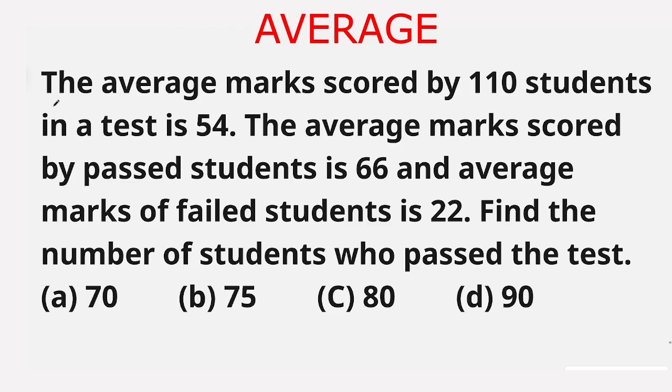Our question is, the average marks scored by 110 students in a test is 54. The average marks scored by passed students is 66 and the average marks of failed students is 22.